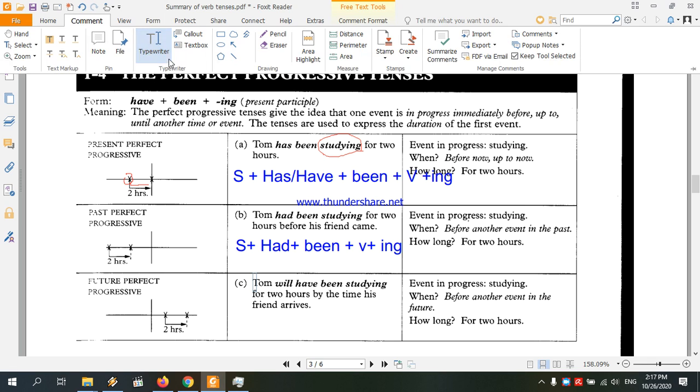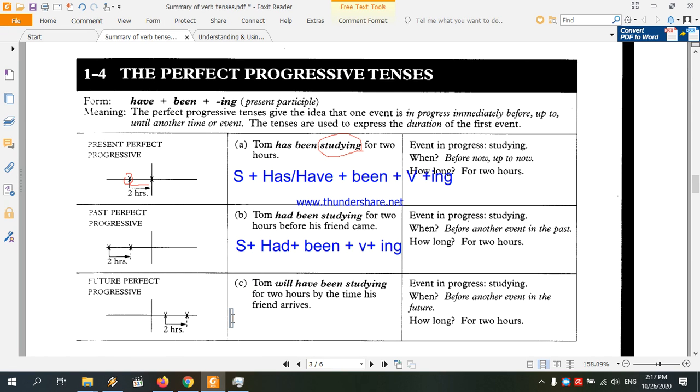So the form, let me get the typewriter, is subject plus will plus have plus been plus verb plus ing.